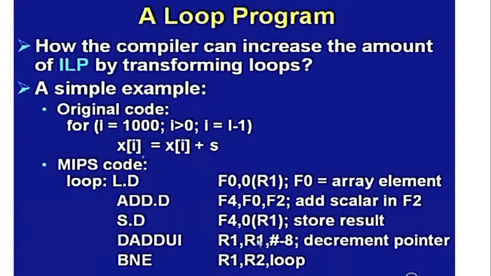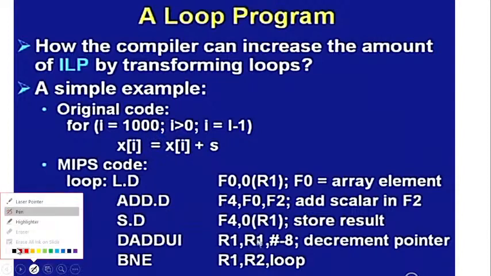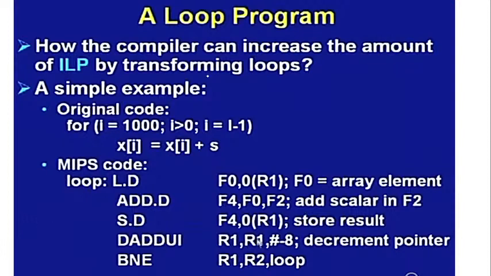So here, to reduce the delay in the execution of an instruction, the compiler will handle this task. How can the compiler increase the amount of instruction level parallelism by transforming the loops?